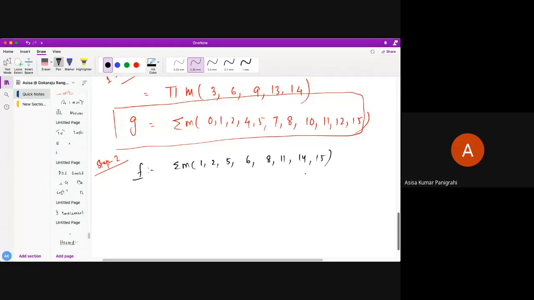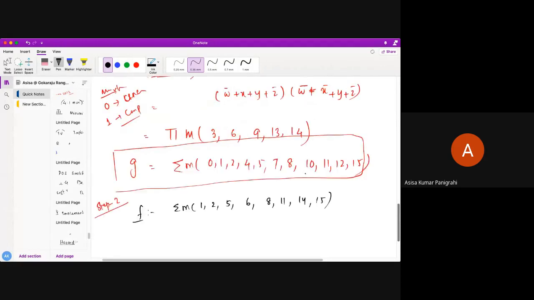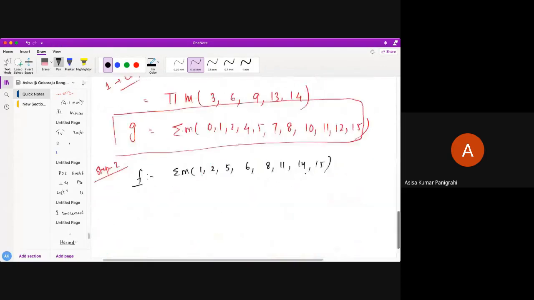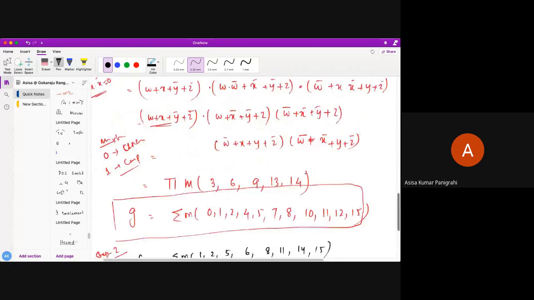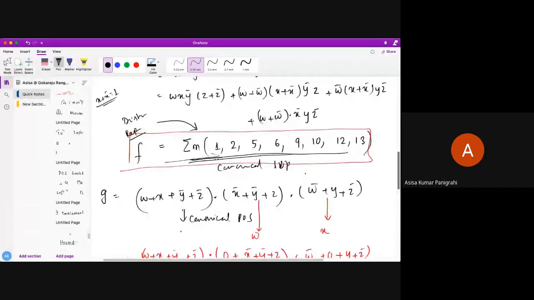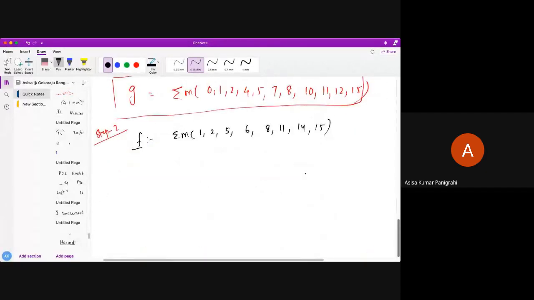Am I correct? I have not checked this. 1, 2, 5, 6, 9 we have got here. Yes, 9, not 8. 5, 6, 9.